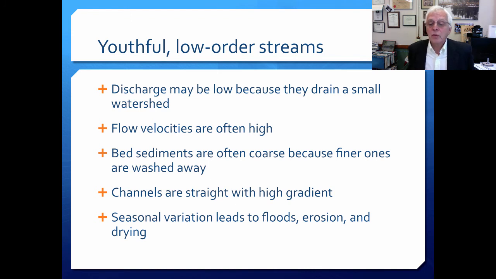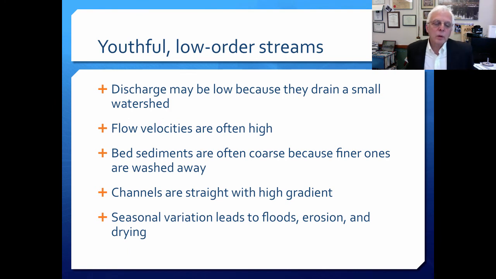The bed sediments are often coarse because finer ones are washed away, and that's a standard aspect of stream formation. If you find heavy rocks and boulders, then you know that the stream flow usually has been very rapid, because it has washed away the smaller sediments, washed them downstream where they deposited when the power of water flow became less, probably in a valley or delta somewhere below.